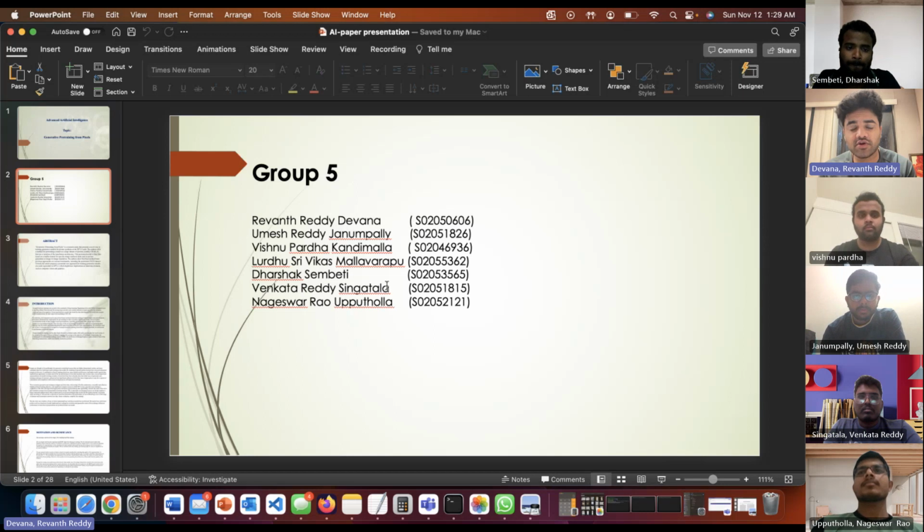These are our teammates involved in this paper presentation: Revant Reddy Devana, Umesh Reddy, Vishnu Pada, Sri Vikas, Darshak Venkat Reddy, and Nagesh Rao.